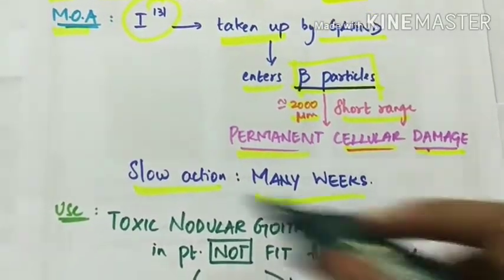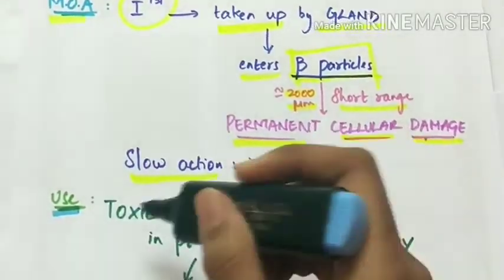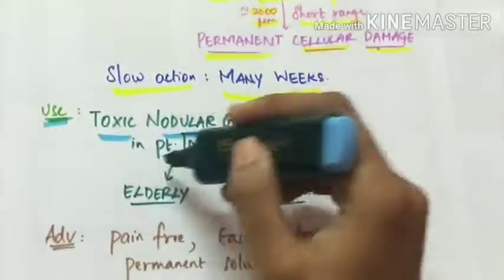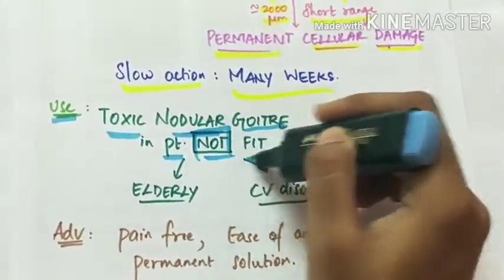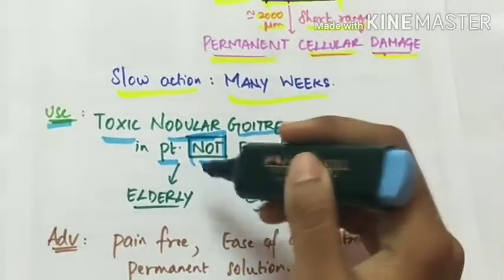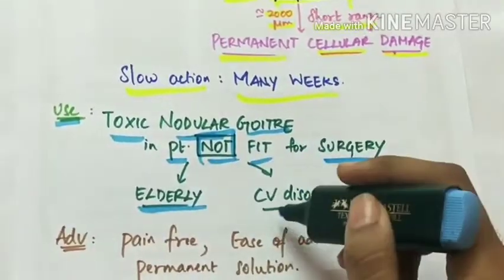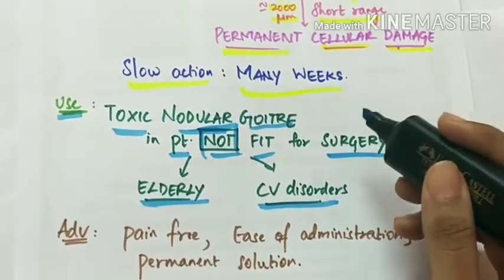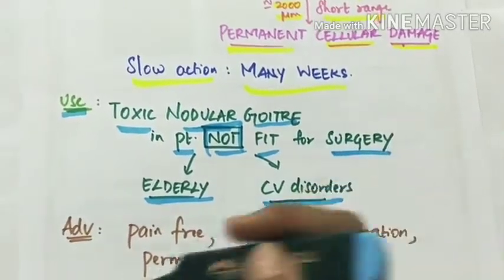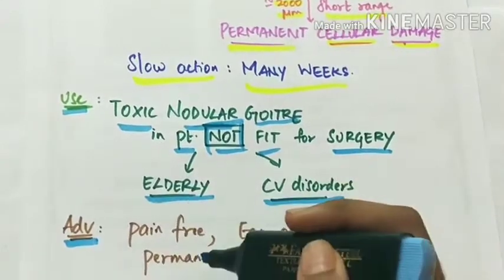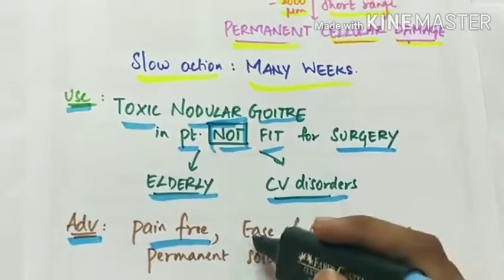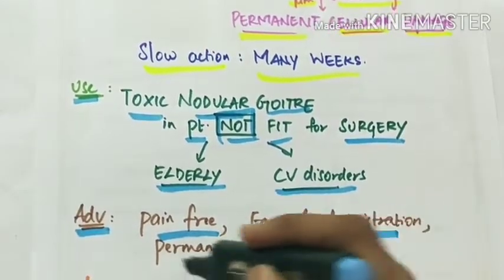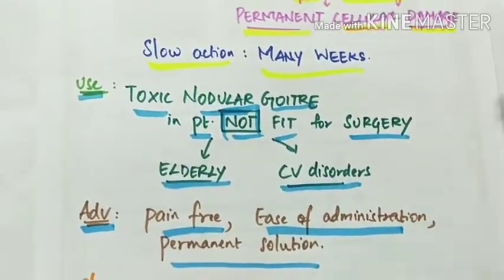Use. Radioactive iodine is used in case of toxic nodular goiter in patients who are not fit for surgery. That is the patients who are elderly and who have cardiovascular disorders. For them, radioactive iodine is used as treatment. Advantages are the procedure is pain-free and easy to administer, and it is a permanent solution.